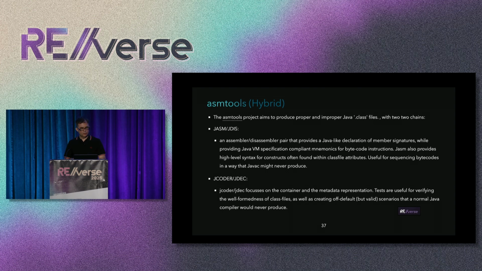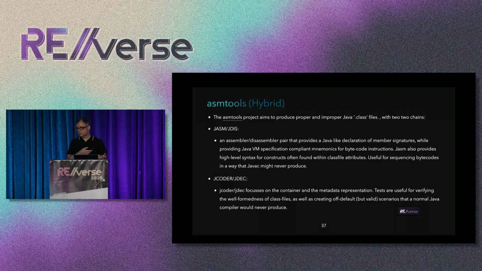For example, Asmtools. The Asmtools is like a tool chain. There's an assembler and disassembler, JASM and JDIS, they care about the bytecode. You can write bytecode like the stuff I showed with the decompiler fooling.